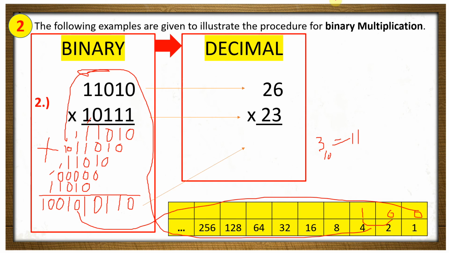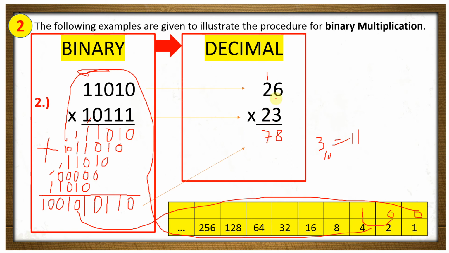Okay, so this time let us check. Let us multiply first this number. This is actually 26, and this is 23. So you multiply 3 times 6, that's 18. Carry over 1. Next, 3 times 2 is 6, so this is 7.